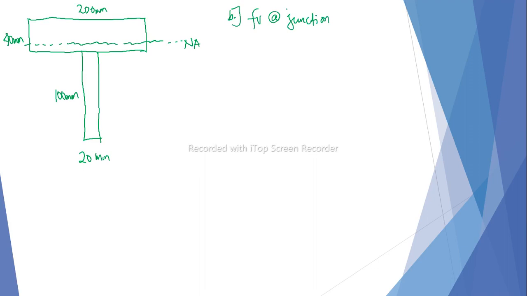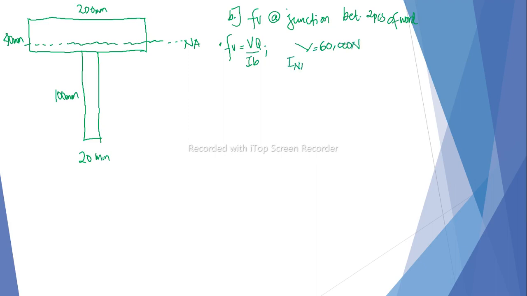For our part B, we need the shearing stress at the junction between two pieces of wood. So again, for FV, we have VQ over IB, right? Our V remains constant, so that is equal to 60,000 newtons.